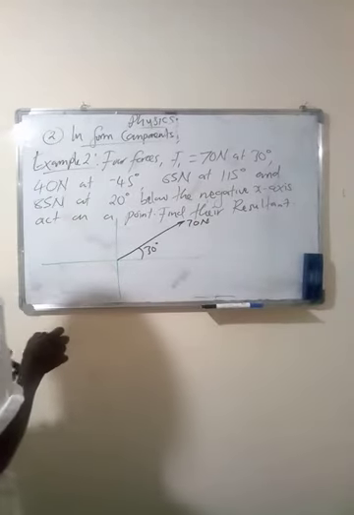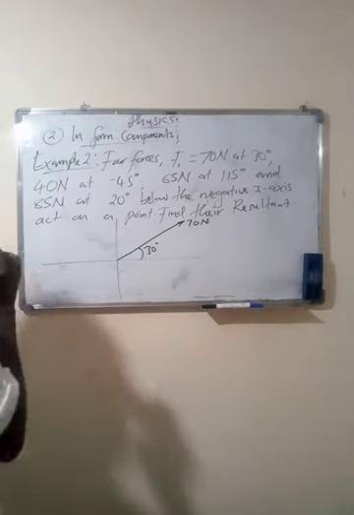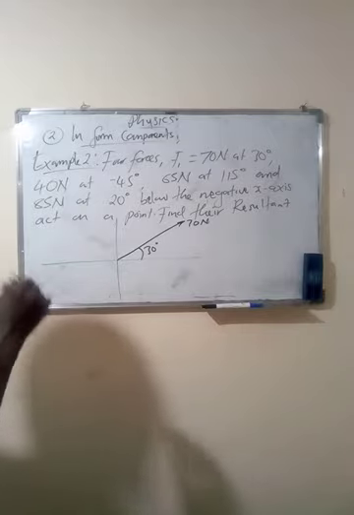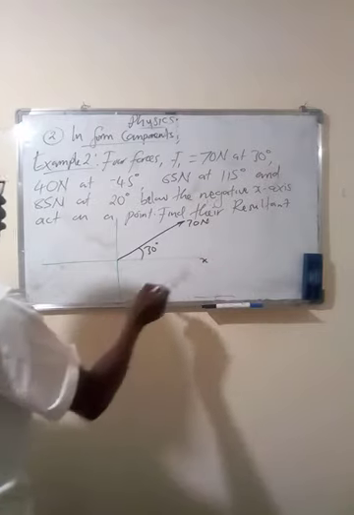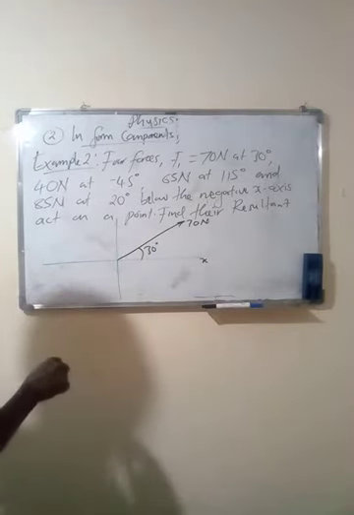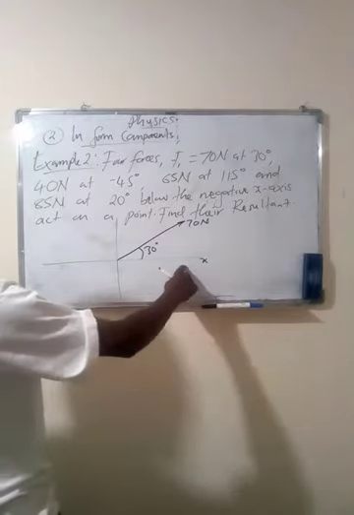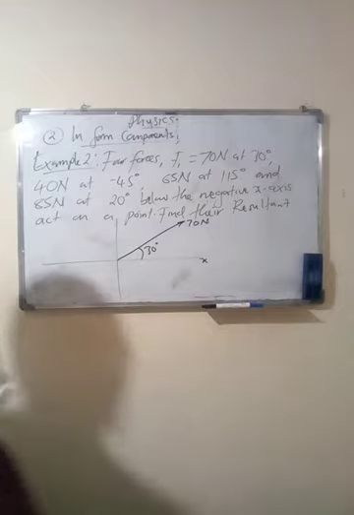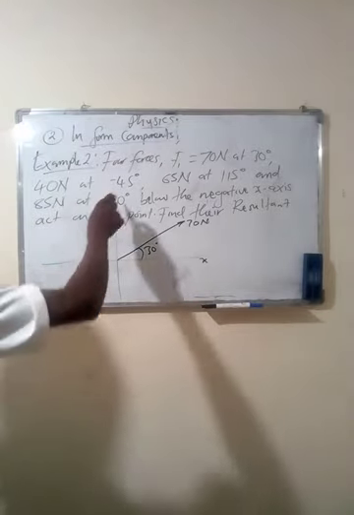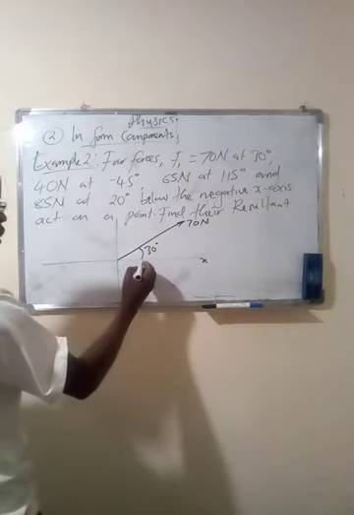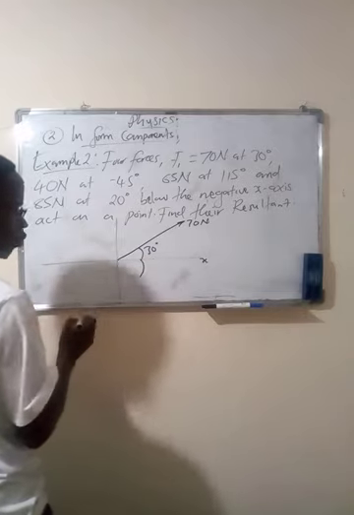And then we also have 40 newtons at negative 45 degrees. Remember, conventionally, angles are measured from the positive x-axis going in the anti-clockwise direction.